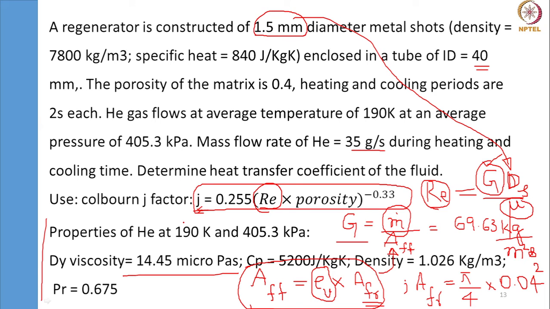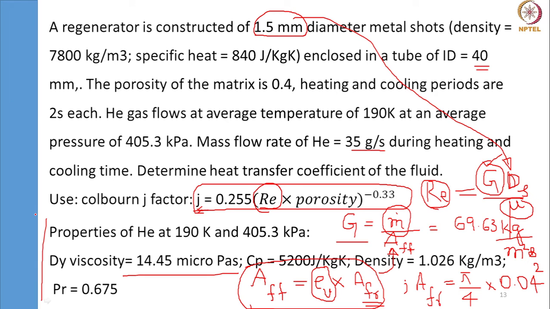J? It is coming around 0.018. Yes, 0.01838, correct.